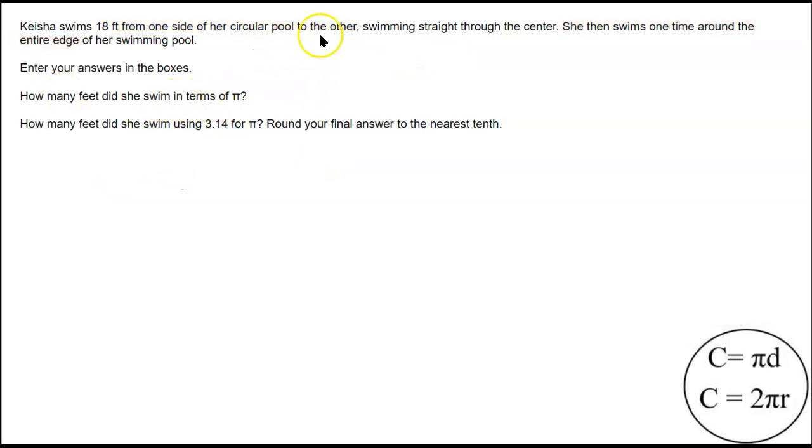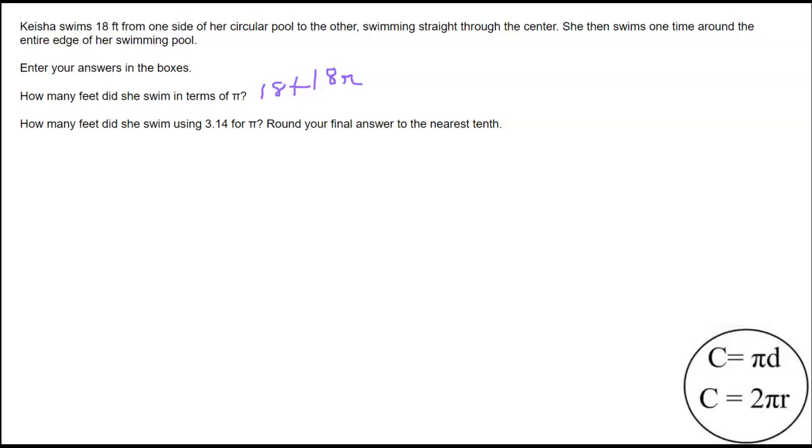That would mean 18 plus 18 pi is my exact answer in terms of pi, because 18 times pi is a variable with a constant, or 18 is my coefficient. I cannot add these two terms together. Now, when I want the approximate answer of 3.14, I can do that.